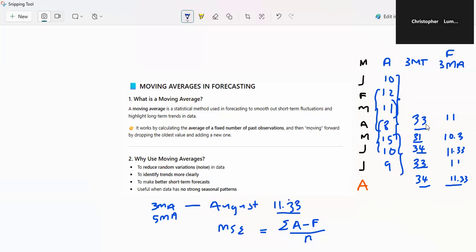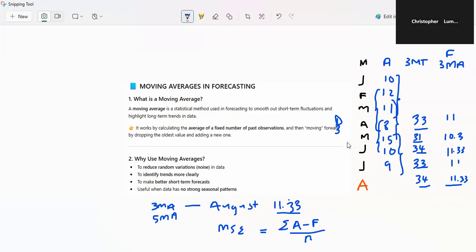So we're interested in these columns here. Focus. So we have 8 minus 11. So the differences here, the deviations. So 8 minus 11 is what? Negative 3, but we're getting the positive figure, 3. Then we go to 15 minus 10.33.